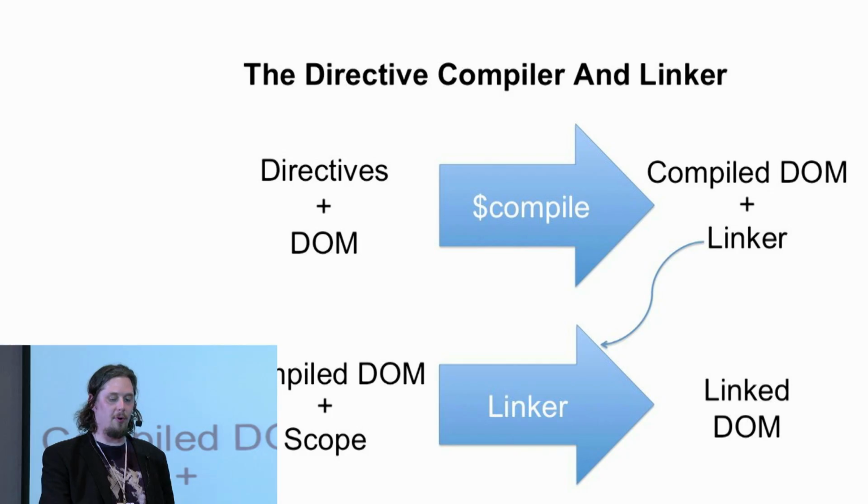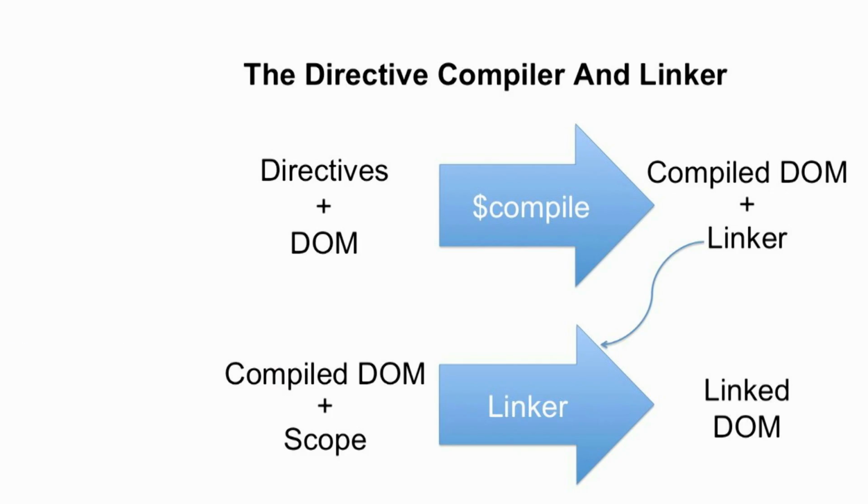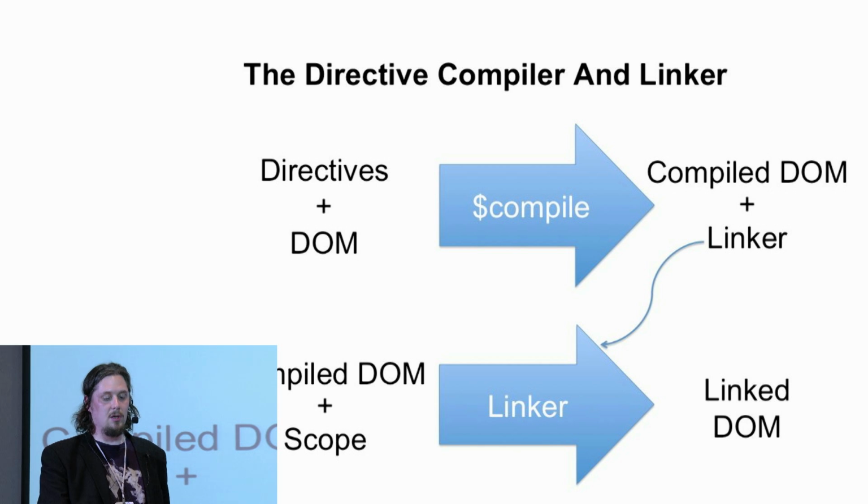So we need to expand our diagram of what the compiler actually is a little bit. We now have these two processes going on here. The compilation process is the one we already saw, which takes these directives and DOM and combines them. But we have this other process now called the linker, which is another one of these things that has inputs and outputs.